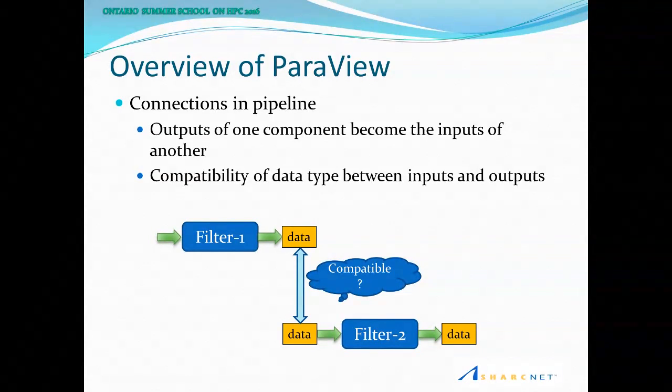Once you select a data or a filter and you want to connect to another filter, you search through those candidate filters, and you will see that only those filters that are compatible with the data are shown. Those that are not compatible with the current data are grayed out. So you won't be able to make a mistake.